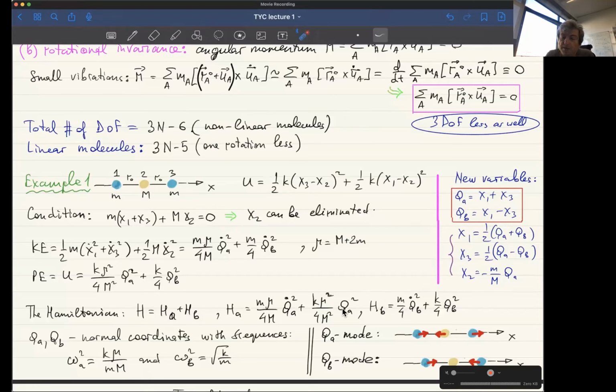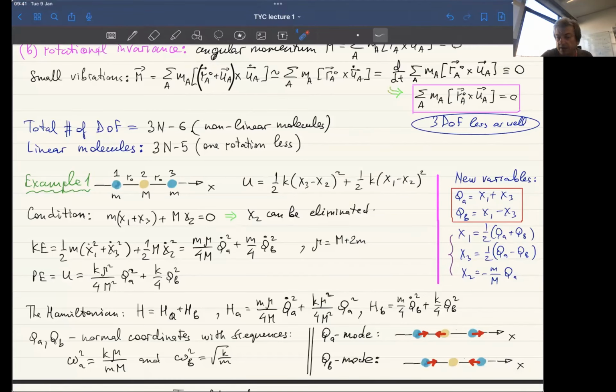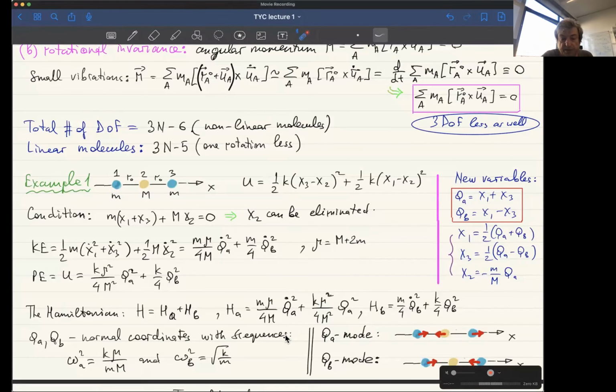One Hamiltonian contains QA and the other Hamiltonian contains only QB. So we actually decompose the whole system of oscillators into 2 independent harmonic oscillators, and by solving these 2, we can determine their vibrational frequencies.